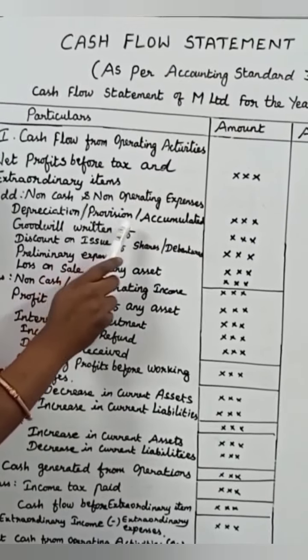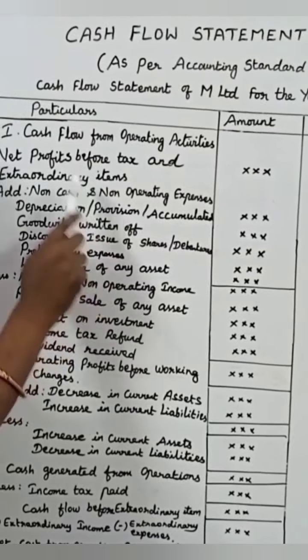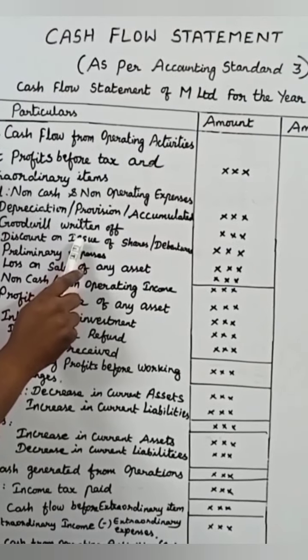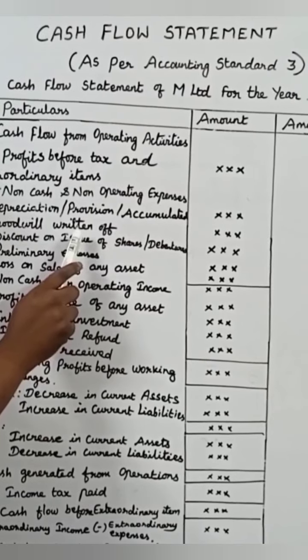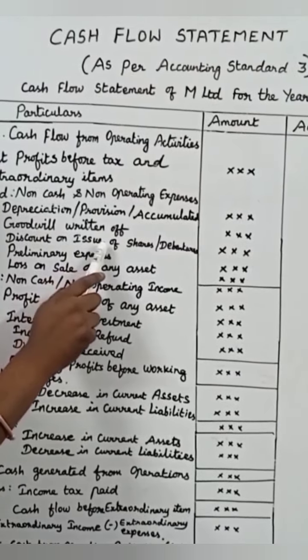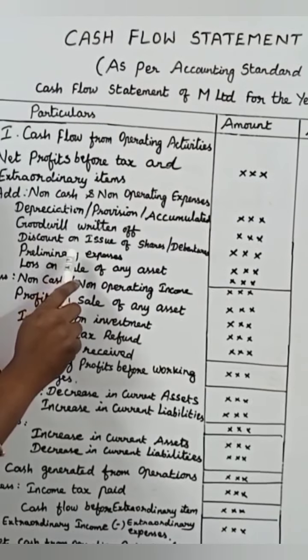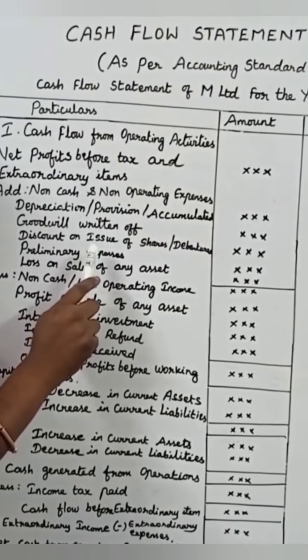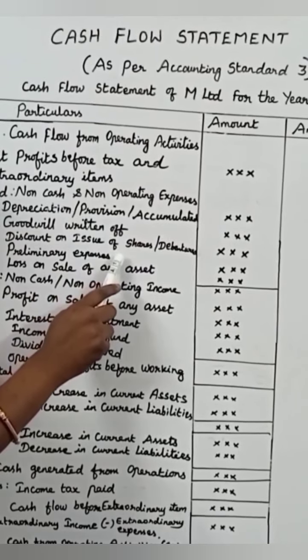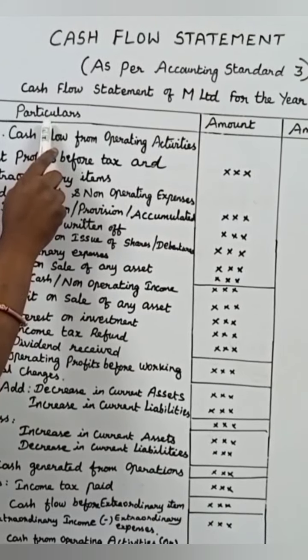So such charges should be added back to the net profit. Similarly, fictitious assets and capital losses like discount on issue of shares and debentures, and preliminary expenses written off also do not affect cash. They are also added back to the net profit.